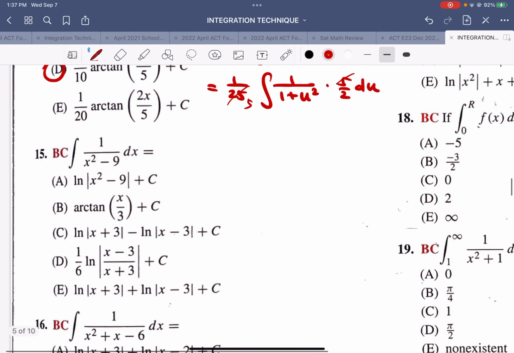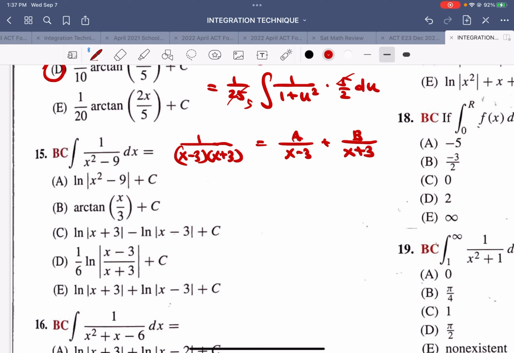So I see that this one, you have to split. That's another method we call partial fraction decomposition. So let's put it this way: 1 over x minus 3, x plus 3 equals a over x minus 3 plus b over x plus 3. I'm gonna change this one before you take the antiderivative.